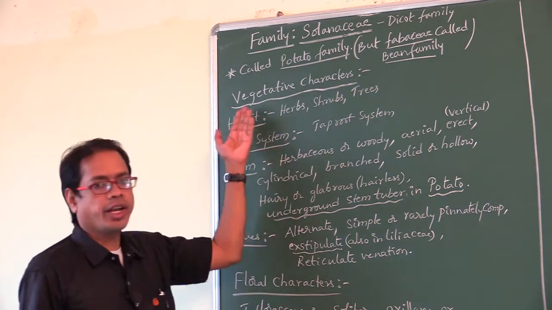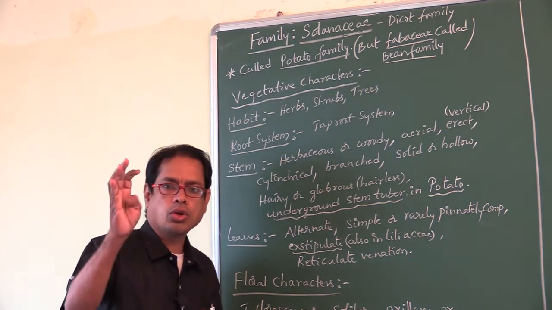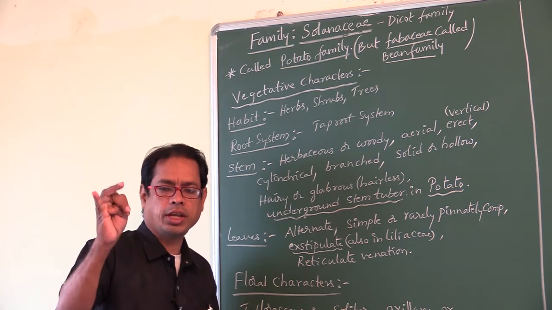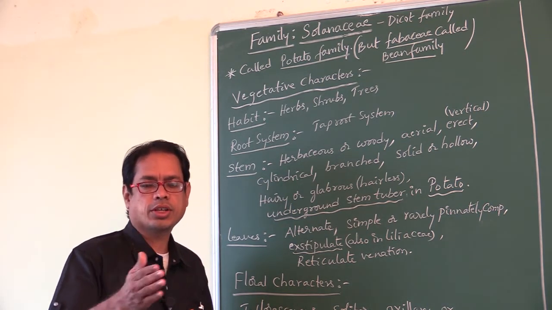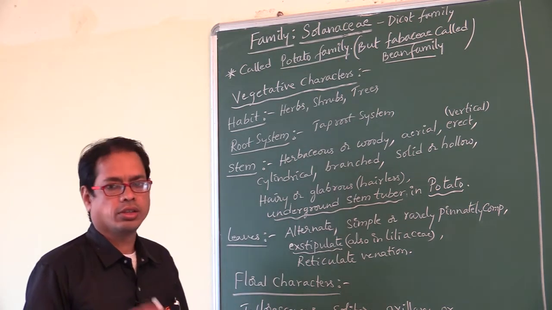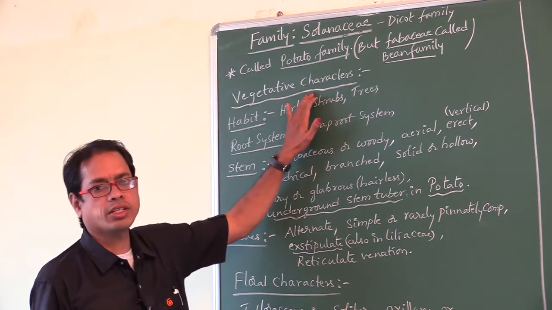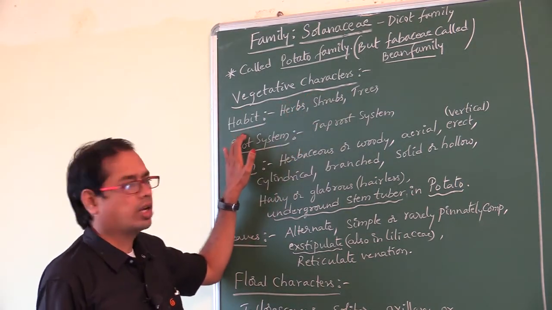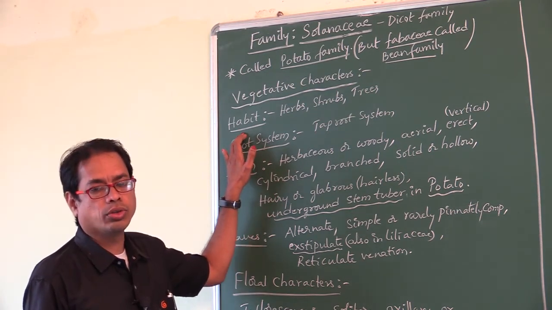Right. Vegetative characters. What are the vegetative characters? Root, stem, leaf. Floral characters means inflorescence, flower, fruit, seed. Like that we have to read. Vegetative characters in Solanaceae. First of all, habit: how these plants live.